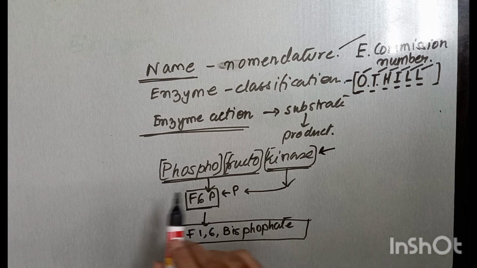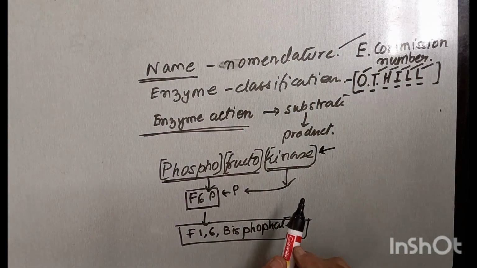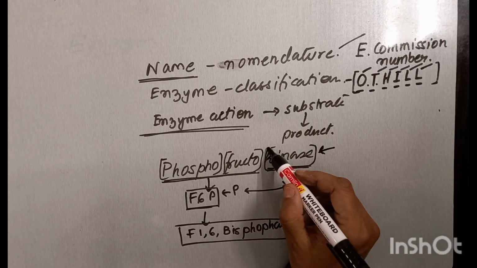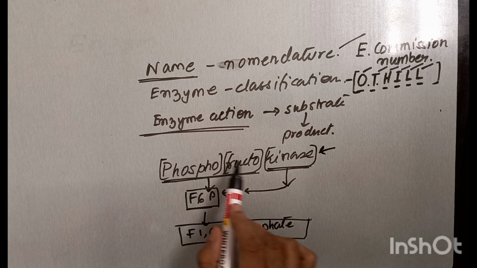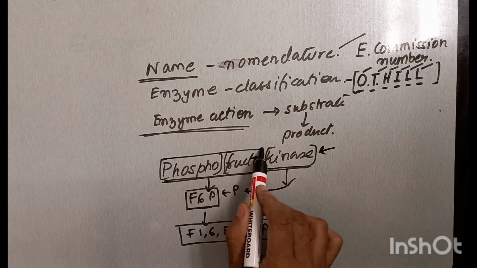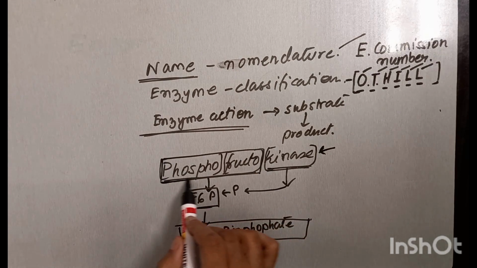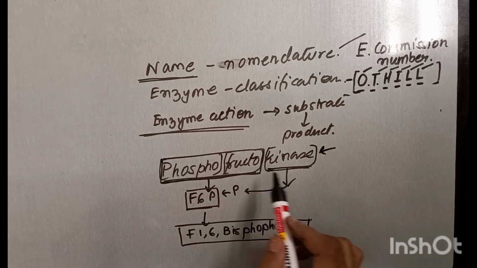For that I cited an example: phosphofructokinase is an enzyme where the word kinase means addition of a phosphate to a molecule. And which molecule? A molecule called fructose 6 phosphate, which is the substrate for this enzyme.